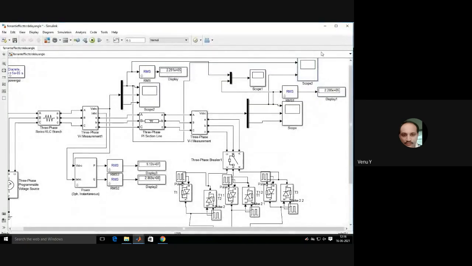So it is better to use a mux. You can use a mux here. This combination is better.